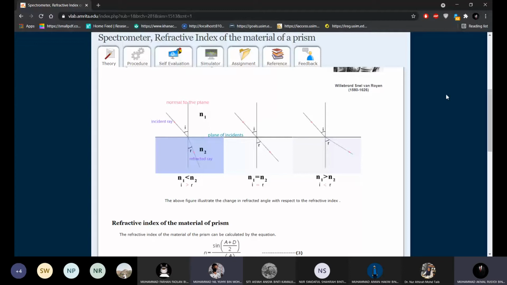But if N1 equal to N2, so the angle for I and R is equal. And then if N1 more than N2, the angle for I is less than angle for R. So that's all from me.